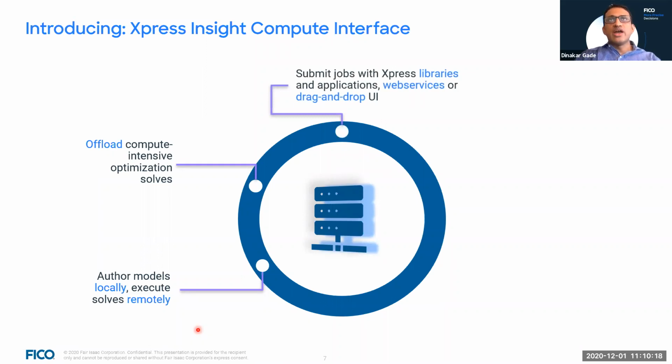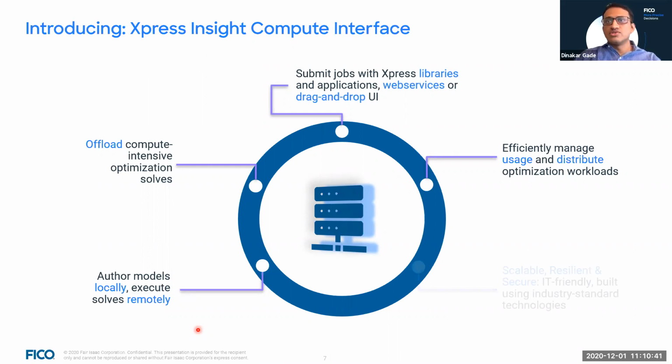And we provide a wide array of ways in which you can submit jobs using the Xpress APIs, using a REST API, or an easy to use drag and drop user interface. This allows enterprises to efficiently manage usage and distribute optimization workloads. And the architecture is based on industry standard technologies. It's scalable, resilient, and secure.